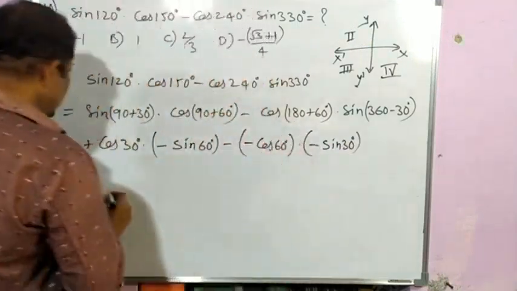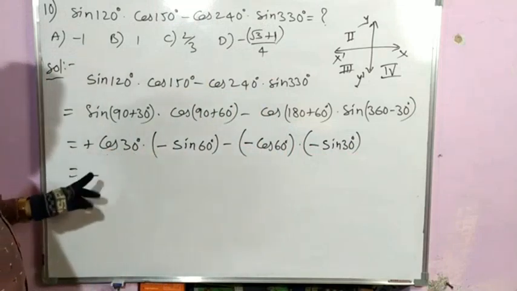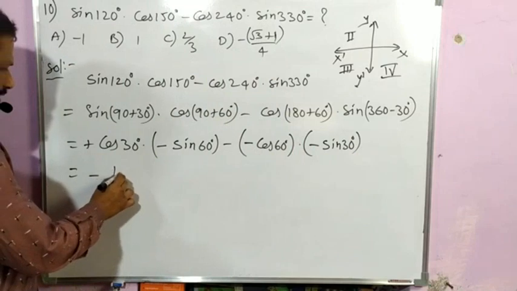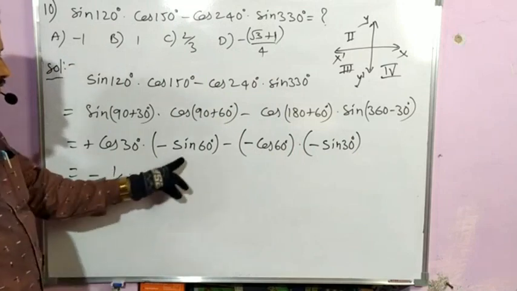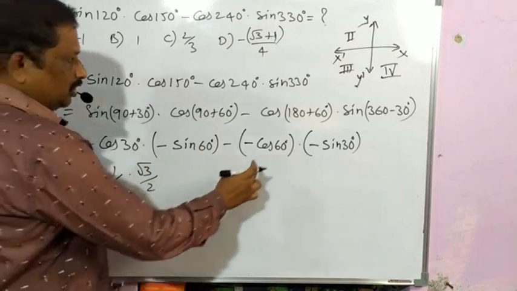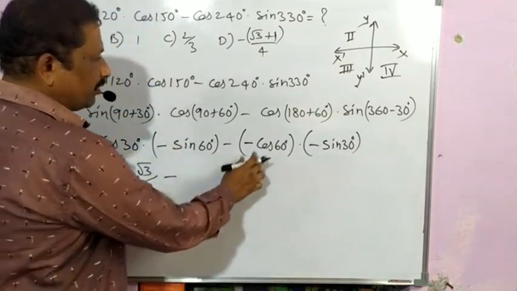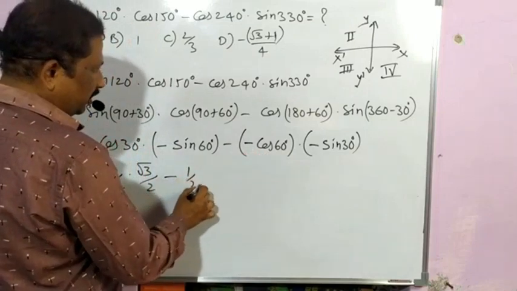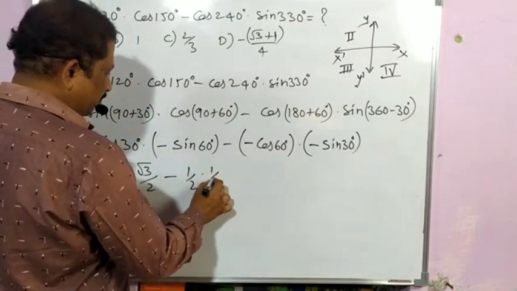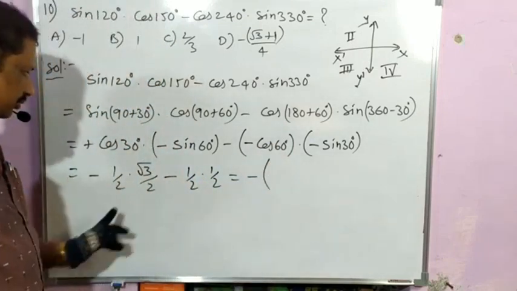Now you see plus into minus gives minus: cos 30 degrees is root 3 by 2... actually 1 by 2 into sine 60 root 3 by 2. Here minus into minus becomes plus, and the other minus remains: cos 60 is 1 by 2, sine 30 is 1 by 2. Take out minus common from these two.